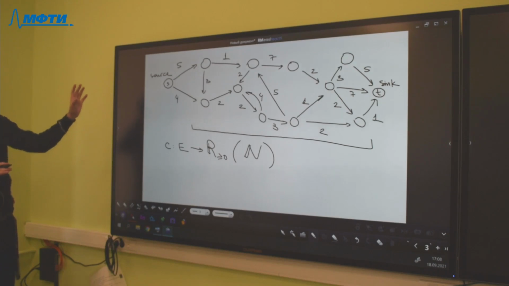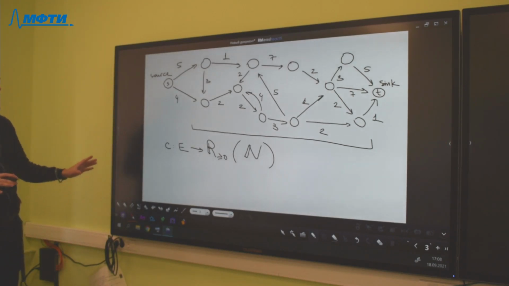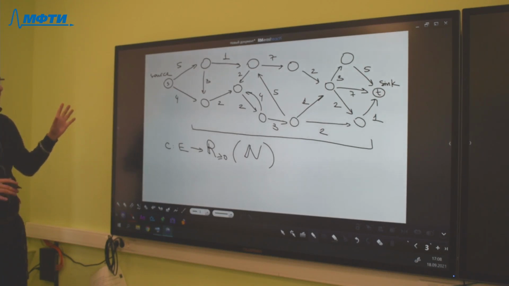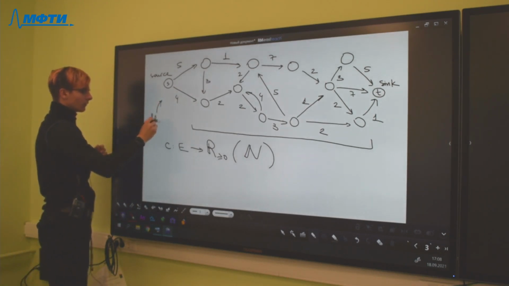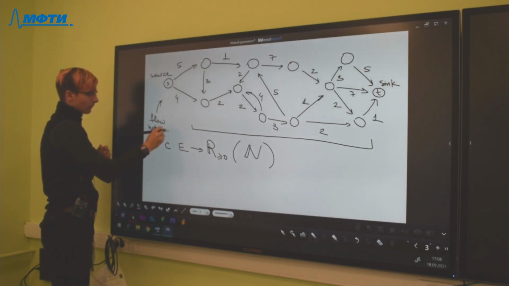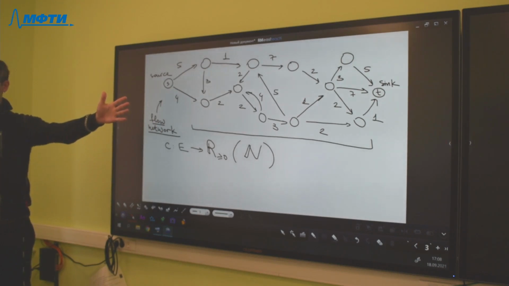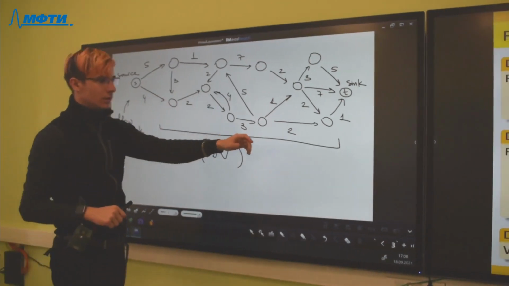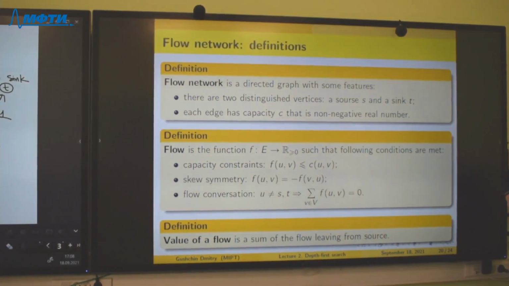Okay, and this graph can be named a flow network. But of course, we need to understand what is flow, and you can see the definition of it. It's similar to capacity.